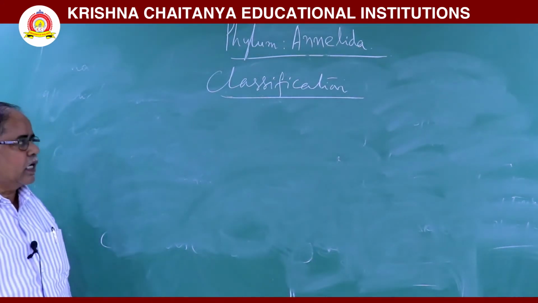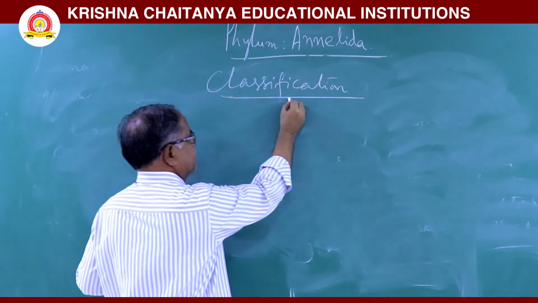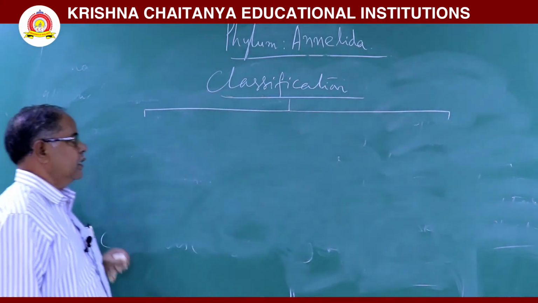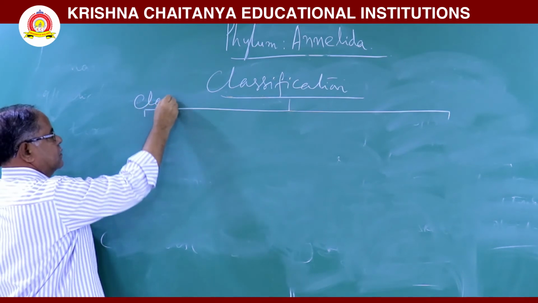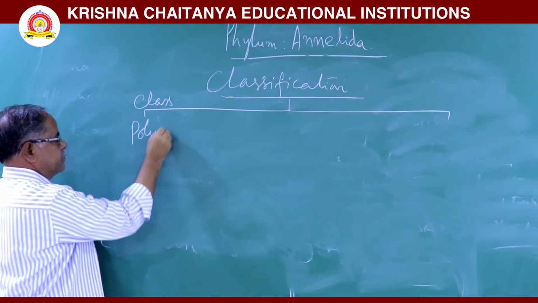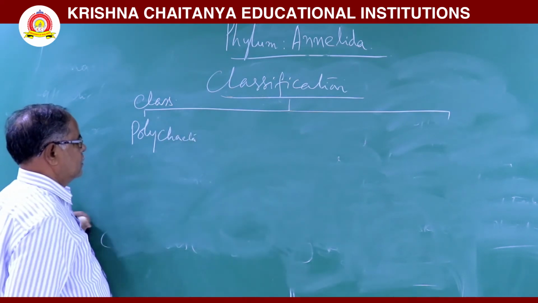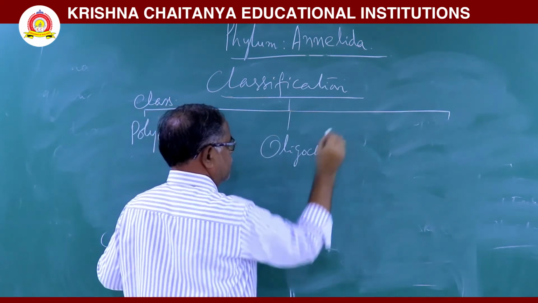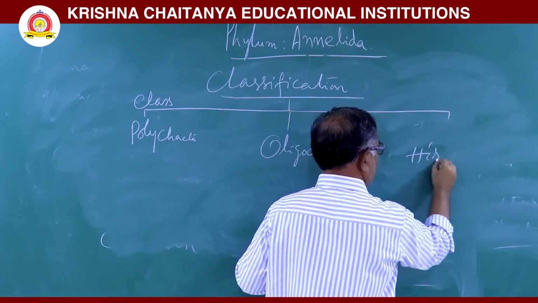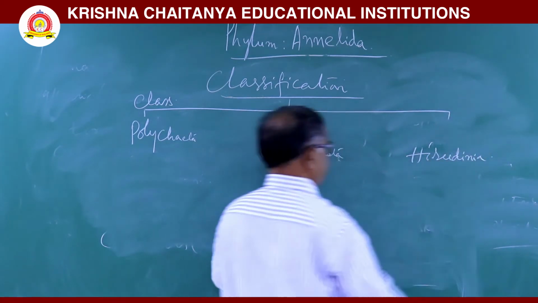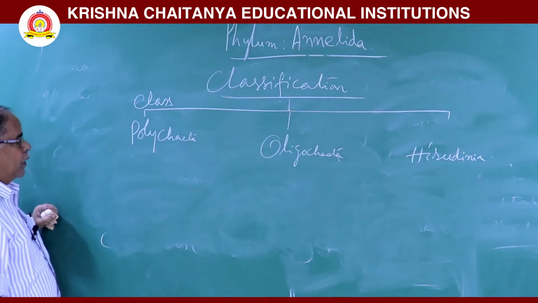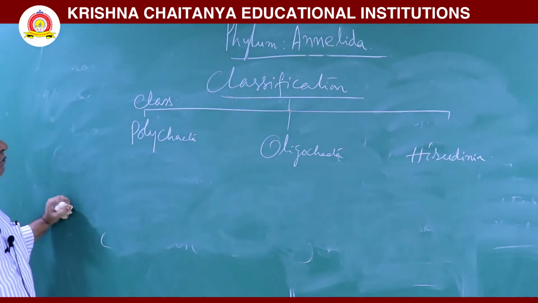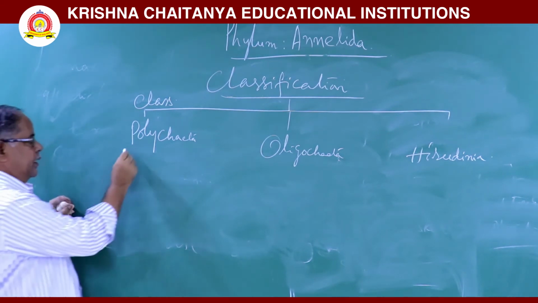Phylum Annelida is classified into 3 classes: Polychaeta, Oligochaeta and Hirudinea.